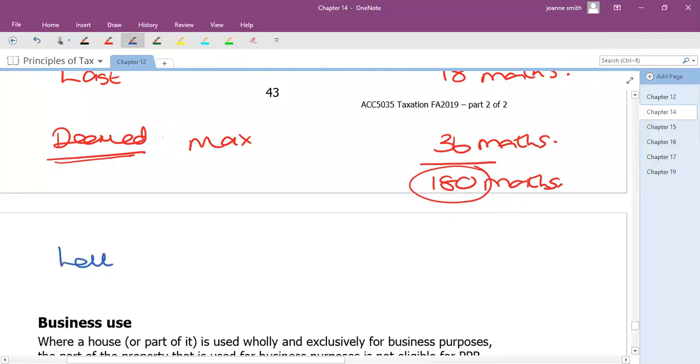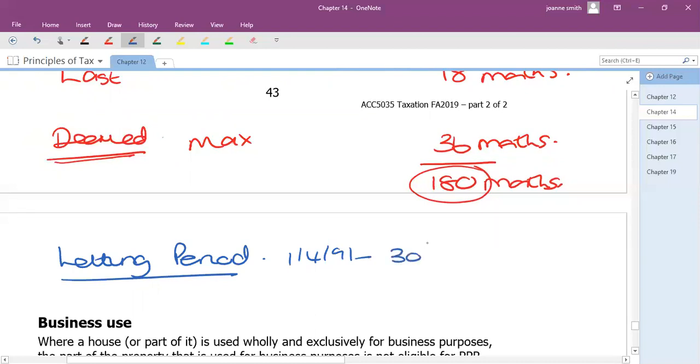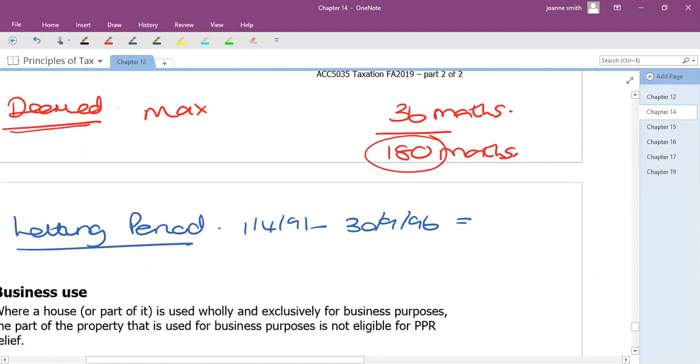So letting period. He let it out from what have we got? The 1st of April 91 to the 30th of September 96. All right, so we need to work out what that letting period is.